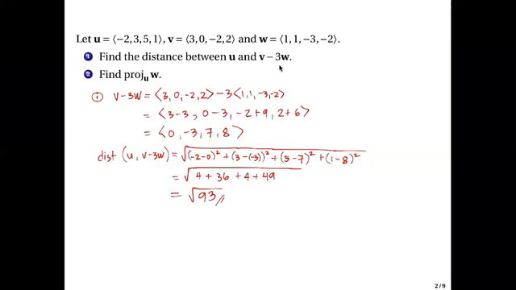And then for the second problem in this set, we want to find the projection of w onto u. So the formula is w dot u divided by the norm of u squared, times the vector u. Take note that this first part is just a scalar.